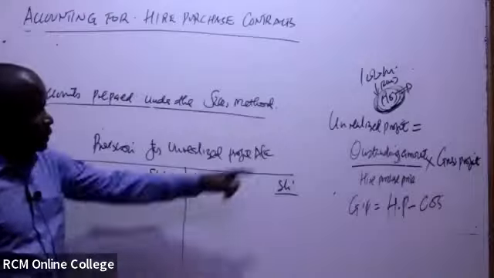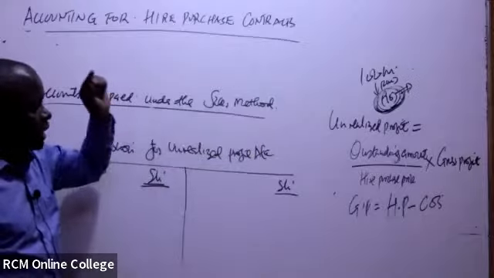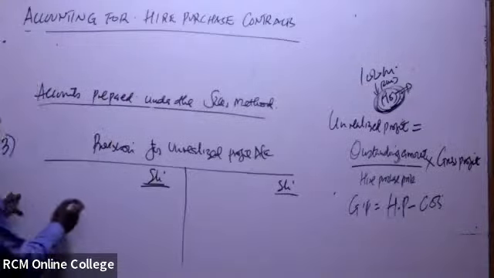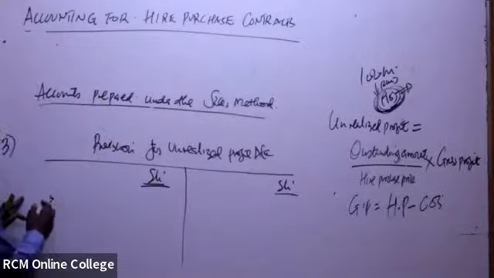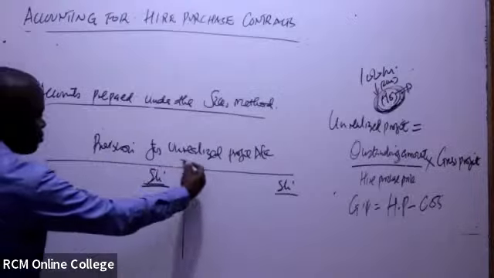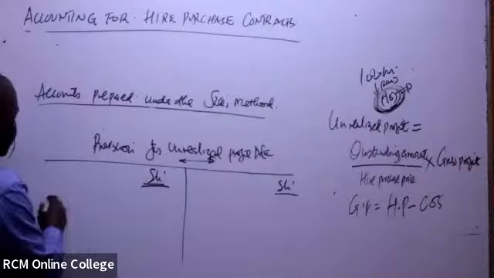So this is the unrealized profit here, which you can see is on the credit side of the repossession account. So you'll bring it here. It'll be debited here because it is like an expense. If you have unrealized profits, this is like an expense, so you debit it here.